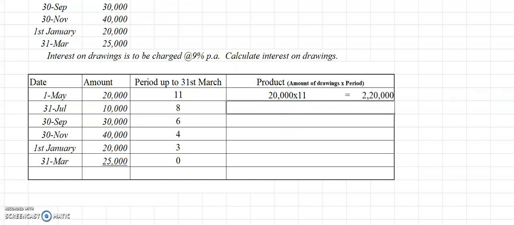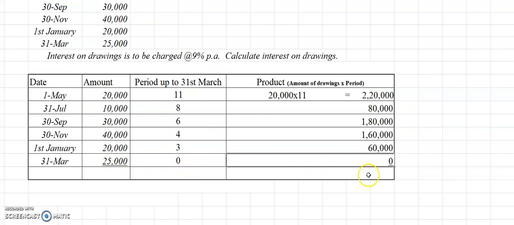Then next 10,000 into 8, 80,000. Then 30,000 into 6, 1,80,000. Then 40,000 into 4, 1,60,000. Then 20,000 into 3, 60,000. And 25,000 into 0, 0, because that 25,000 is withdrawn at the end of the year.